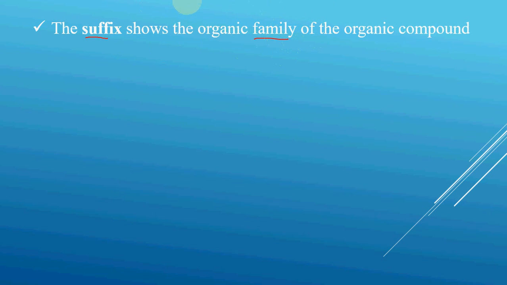For example, we talked of homologous series, and we have homologous series that end with: ANE, ENE, YNE, what else? ANOL, ANOIC, ANOATE. That's ane, ene, yne, anol, anoic, anoate.